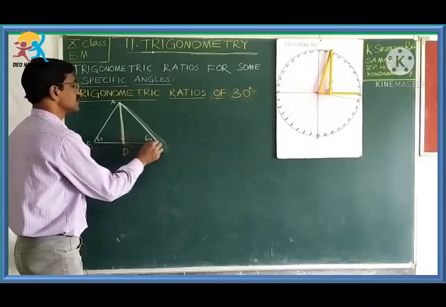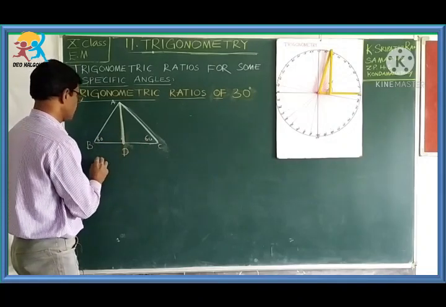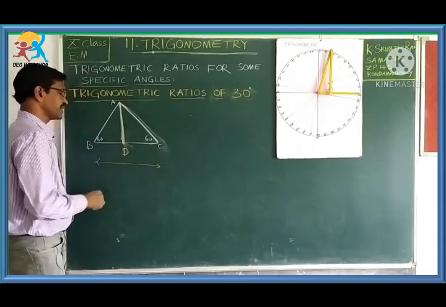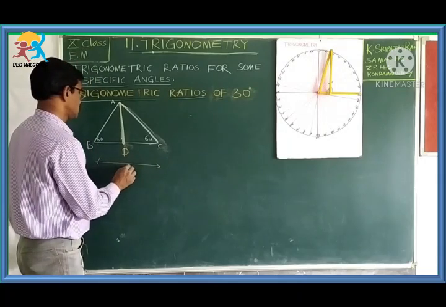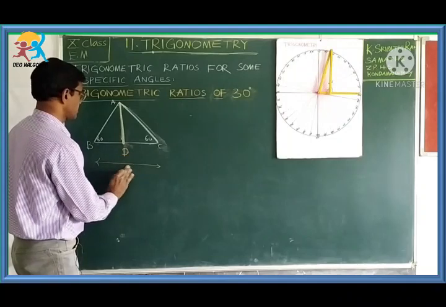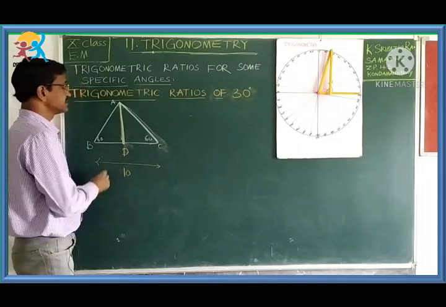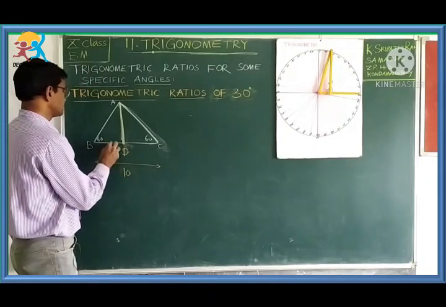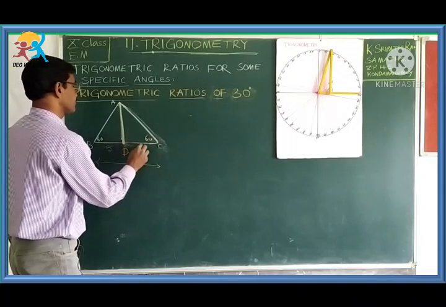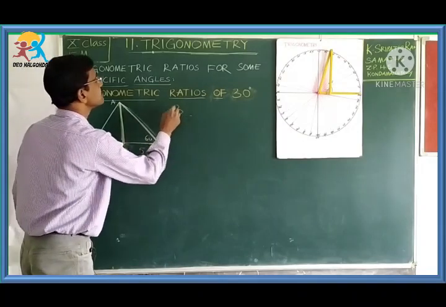If we take this side from here to here as, suppose, 6 centimeters or 10 centimeters, then it will be 5 centimeters. This is also 5. Then BD is equal to 5.